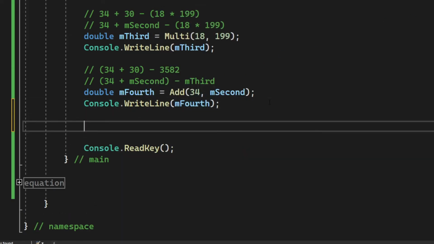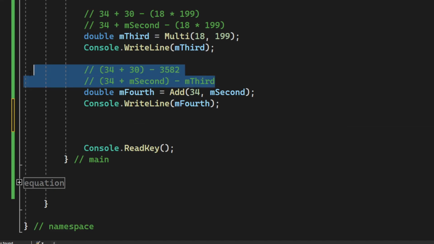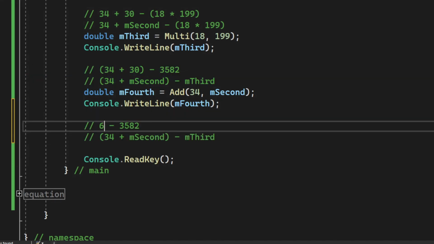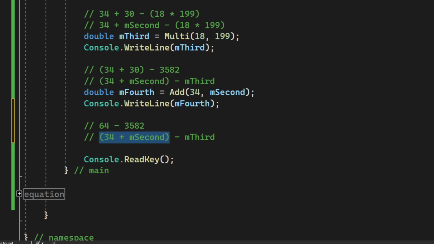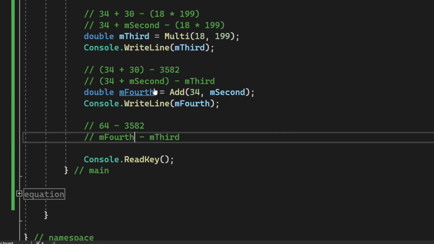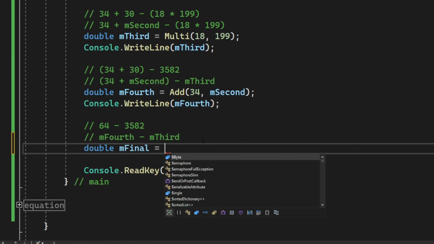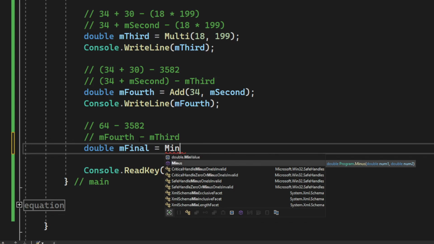And our final step is to get the final answer. So now this should be 64, and we know this result is stored in m fourth, right? So it's m fourth minus m third. Double m final equals subtraction, or minus, sorry. Mine was called minus. Call it what you want.